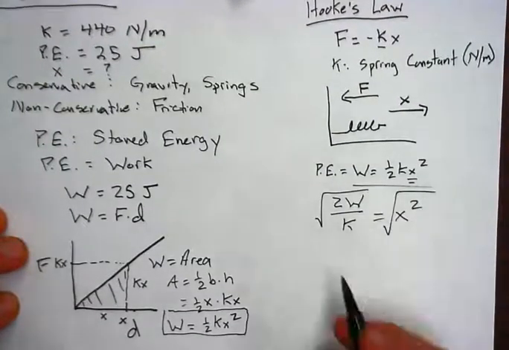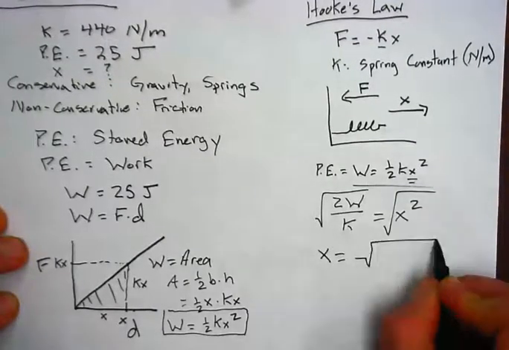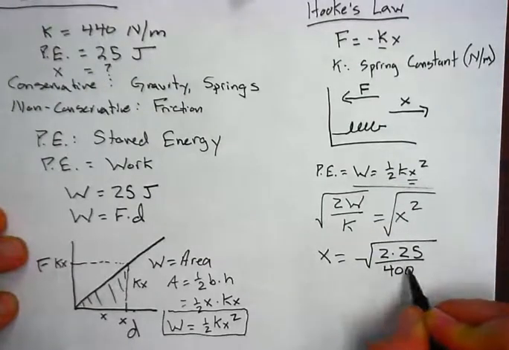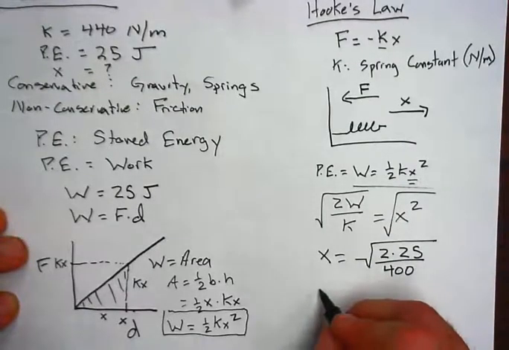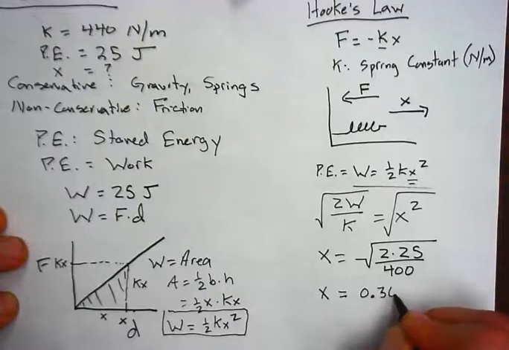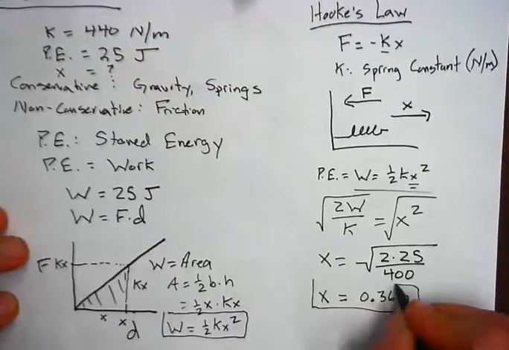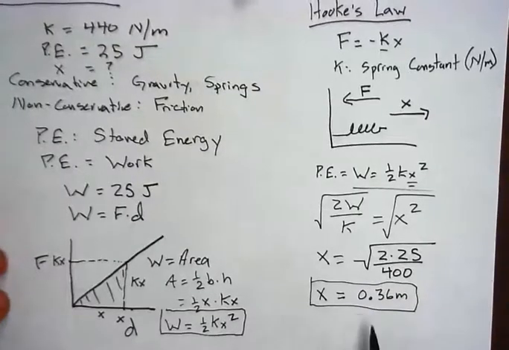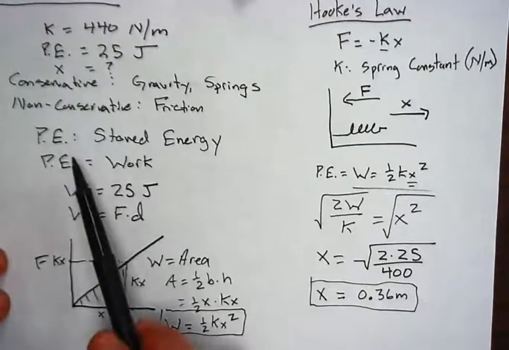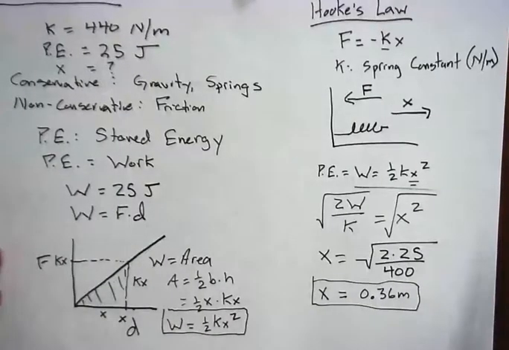Take the square root of both sides, and I get x is equal to the square root of 2 times 25 divided by 400. If I type that into my calculator, I believe I get the square root of 1/8, which is about 0.36 meters. So I'd have to stretch the spring 0.36 meters to do 25 joules worth of work against the spring, which translates into a potential energy stored of 25 joules.